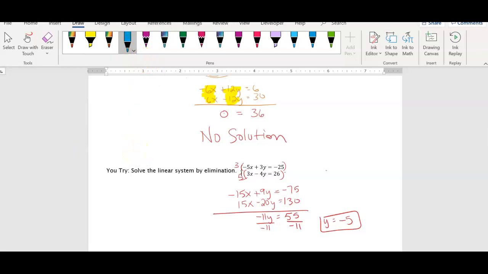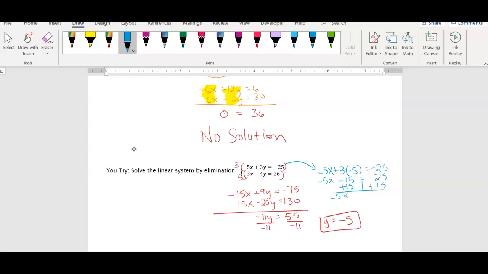Going to then take the top equation, negative 5x plus 3. Instead of the y value, I'm plugging in my answer, negative 5 equals negative 25. So I want to get rid of the parentheses first. 3 times negative 5 is negative 15, and then equals negative 25. Wall and floor, I'm going to add 15 to both sides.